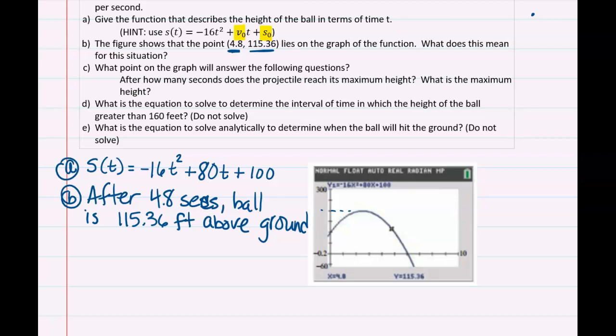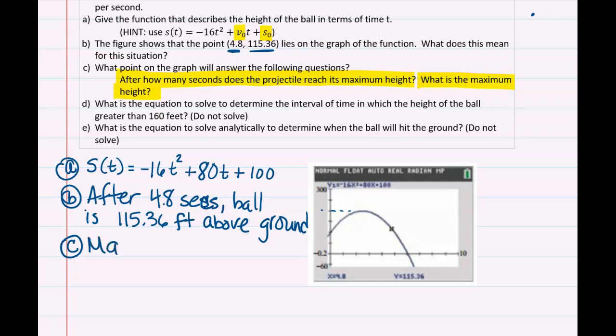So for part C, it says, what point on the graph will answer the following questions? After how many seconds does a projectile reach its maximum height, and what is the maximum height? So what we know about extreme values is that C is asking for the maximum height and the time it takes to get to that maximum height.